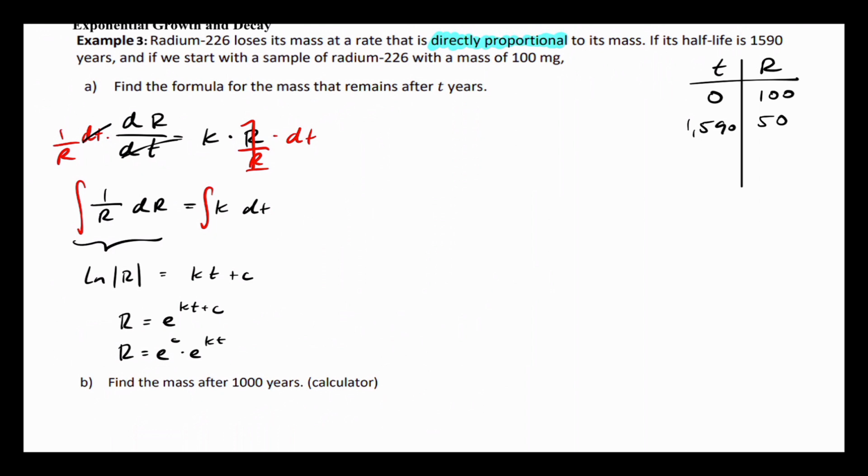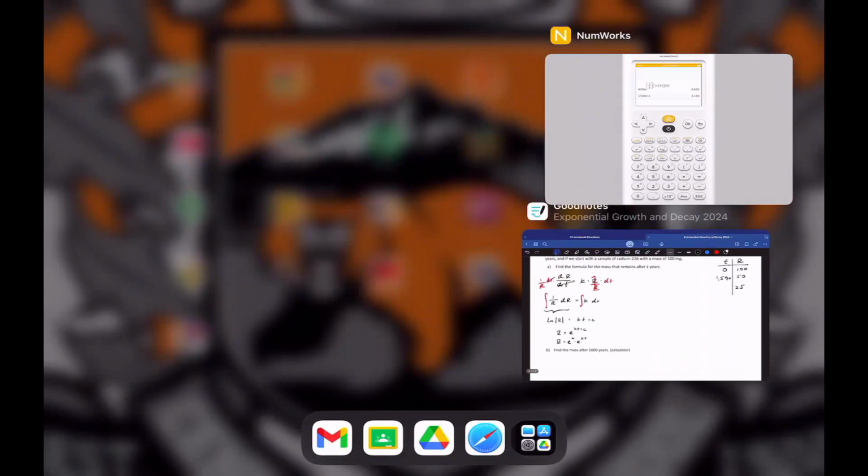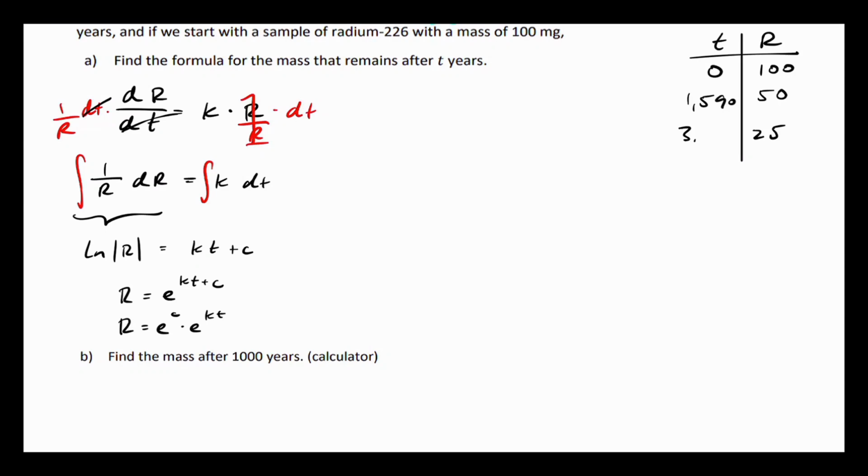And then when am I going to have half of that? So 1,590 times 2 is 3,180 years. I could keep going, but I'll stop there. You get the idea. And then in another 1,590 years, I'd have 12.5 left, right?